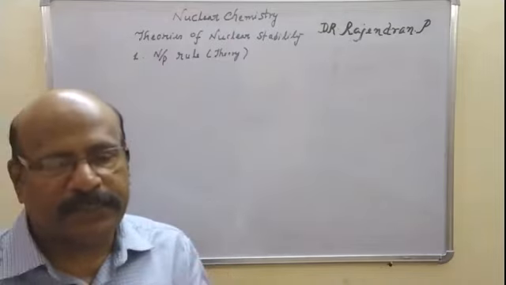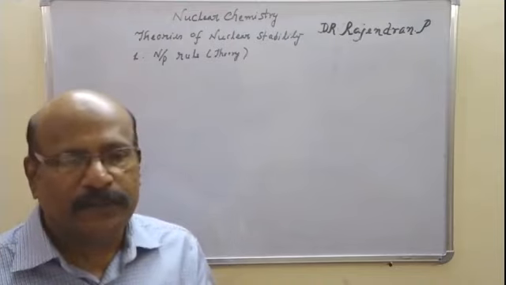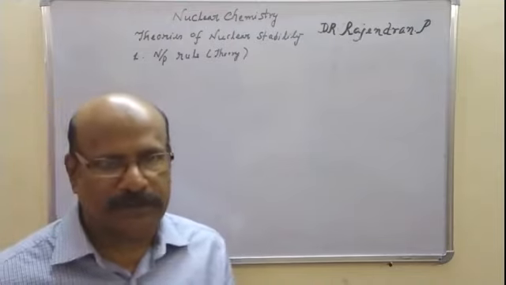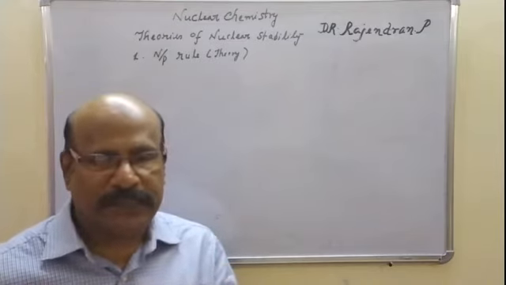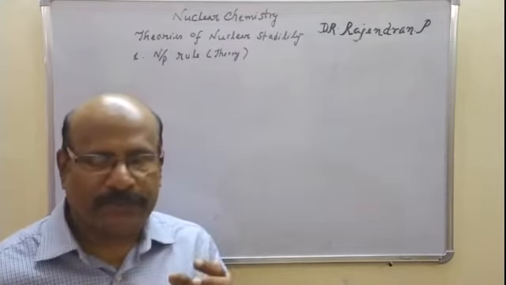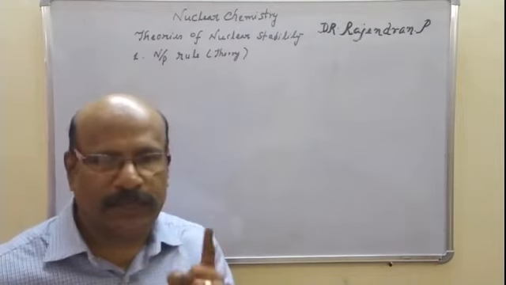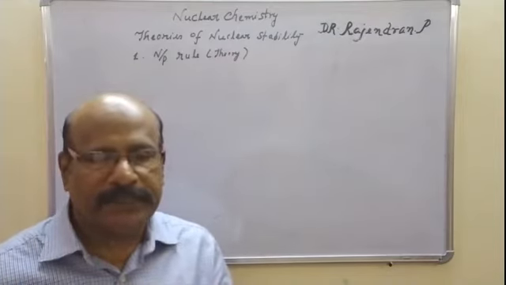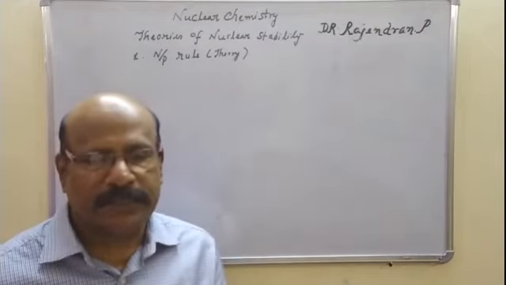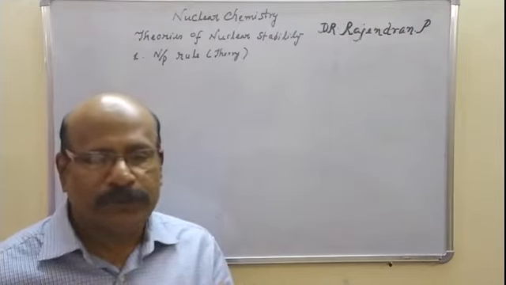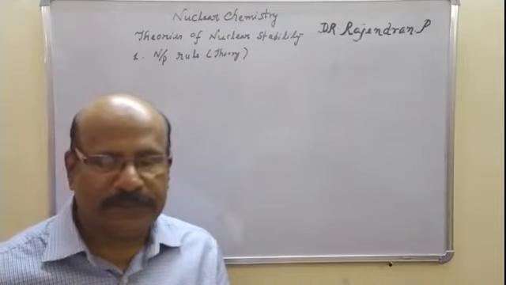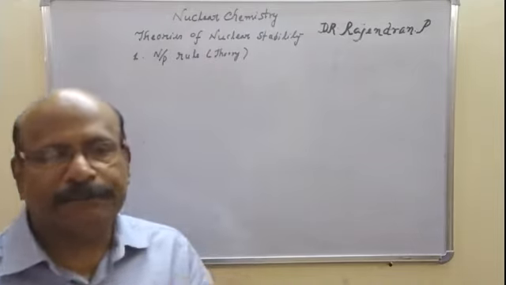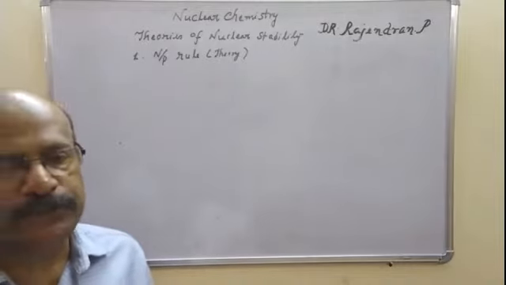The stability of a nucleus can be analyzed from two viewpoints. In the case of lighter nuclei, the stability rule is that the number of protons and the number of neutrons inside the nucleus should be almost equal to each other, or the N by P ratio should be equal to 1.